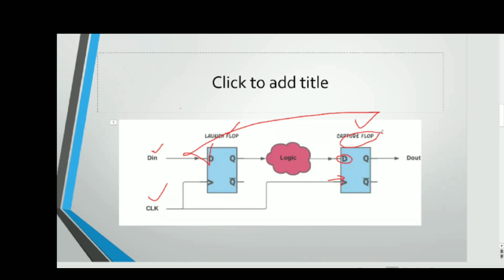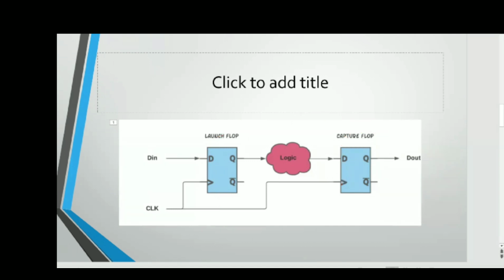So consider the situation in the capture flop. So this is the data input to the second flop and this is the clock. So what is expected is when you are getting the clock, before that the data should arrive. So there is some time limit. Before that, the data should arrive and it should be in a stable state.